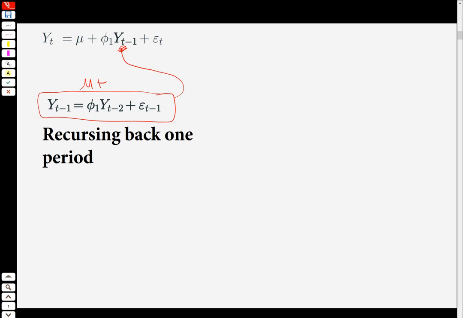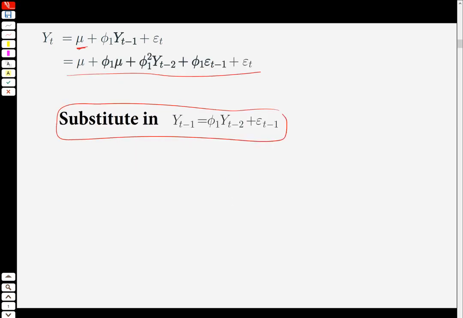Okay, so I've made some new lecture slides which should make the derivation of the AR easier to understand. We're going to look at deriving the mean, the variance, the covariance, and the autocorrelation function of an AR1 process.